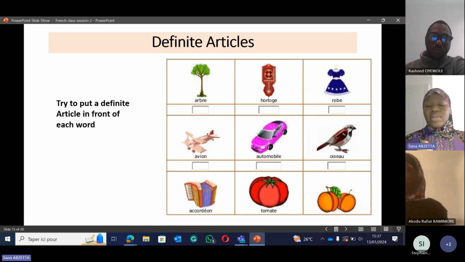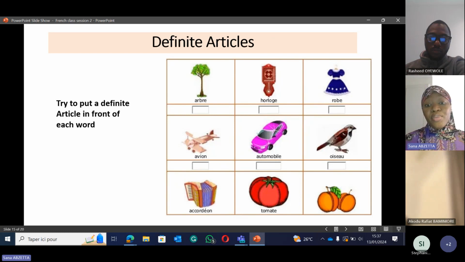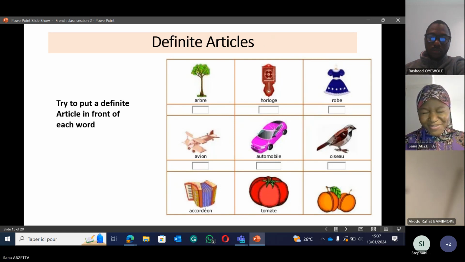You do not put the E or the A. You just put the L. And if it's plural, it will become just les citrons, les oranges, les robes, les horloges. Is it clear? Yes. Okay.